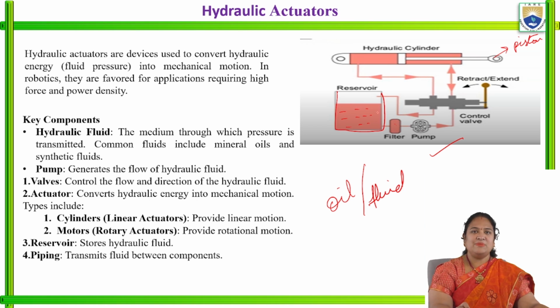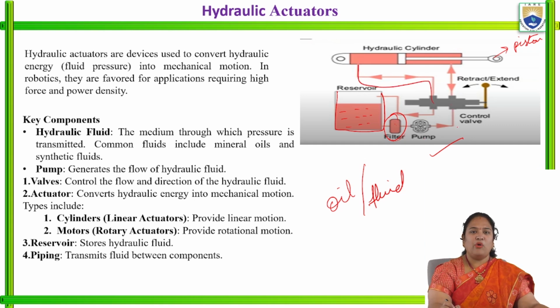The fluid placed inside the reservoir is first filtered, so that any minute dust particles, if they are there, get filtered out. With the help of the pump, the fluid is pumped from the reservoir through the control valve, and then sent into the hydraulic cylinder in this direction.